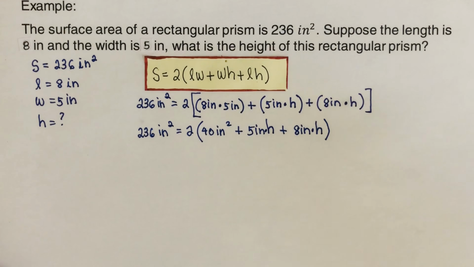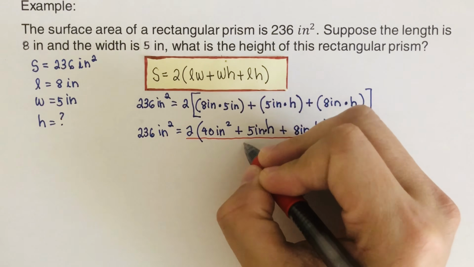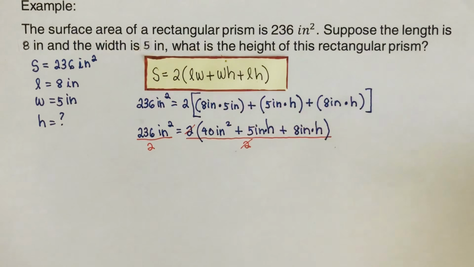Now from here, we want to clear the 2 on the right side by dividing this whole thing by 2, so that we can get rid of the 2 over there.